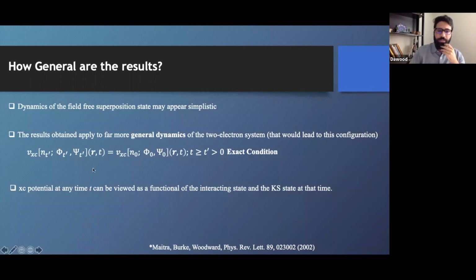So you can either frame it as a dependence on the initial state of the Kohn-Sham state, the initial state of the interacting state, and the history of the density up to that point, or you can alternatively write it as a functional of the Kohn-Sham state and the interacting state at that time.